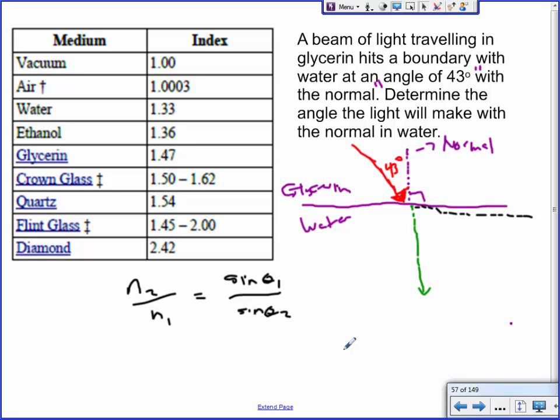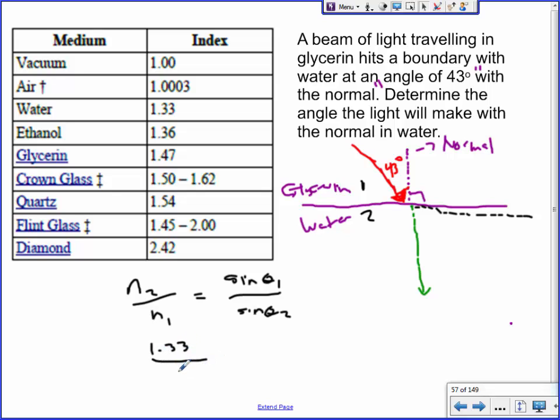So the advice I give kids when they solve a question like this is literally in your diagram, just pick which one to be 1 and 2. So arbitrarily, glycerin is 1, water is 2. Done. You could flip it around for all I care. Just make sure that you're consistent. So write it directly on there so you know which one's 1 and 2, and then start plugging it in. So N2 would be the N for water, which is 1.33.